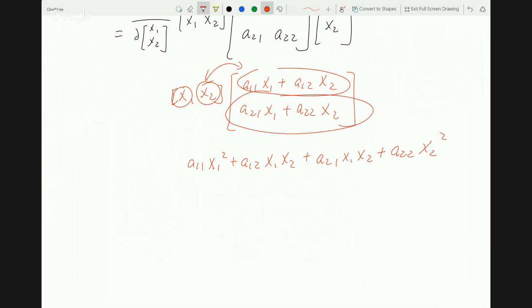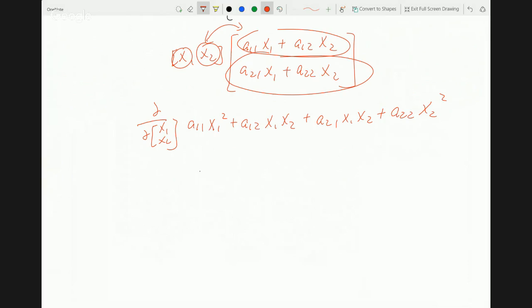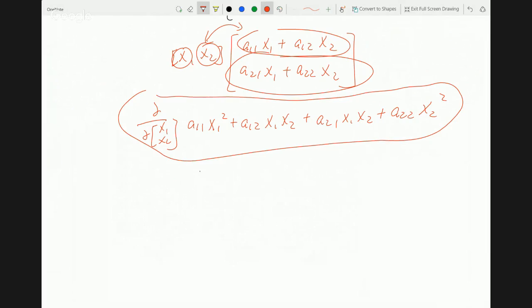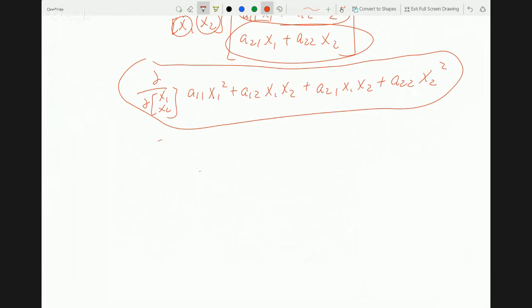Okay, so now you want to apply this derivative, and what this right here means, just a matter of notation, is like this.